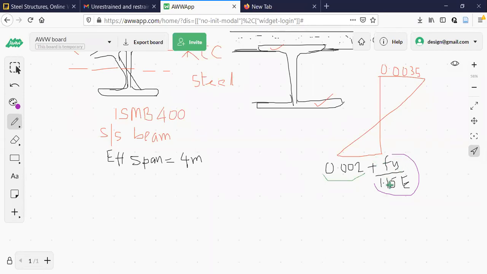So I'll divide this by a small number, 1.15. Now I am sure that it will not exceed this number at any cost. This is what we call the partial safety factor, because we are not sure about Fy happening at the site. So ultimately this is stress by strain, which is elasticity.